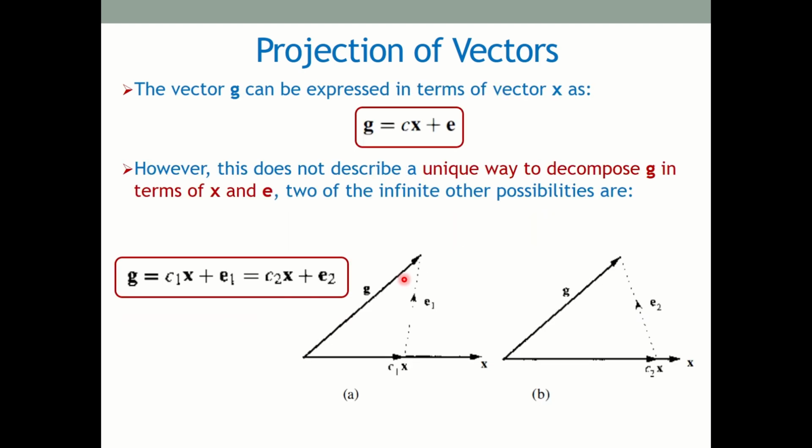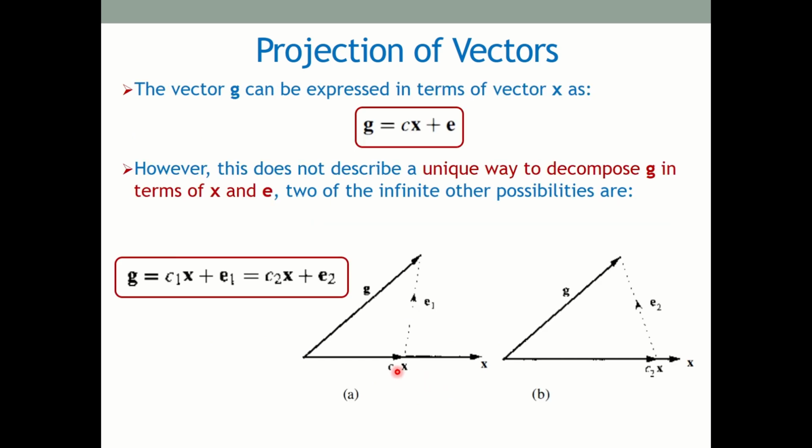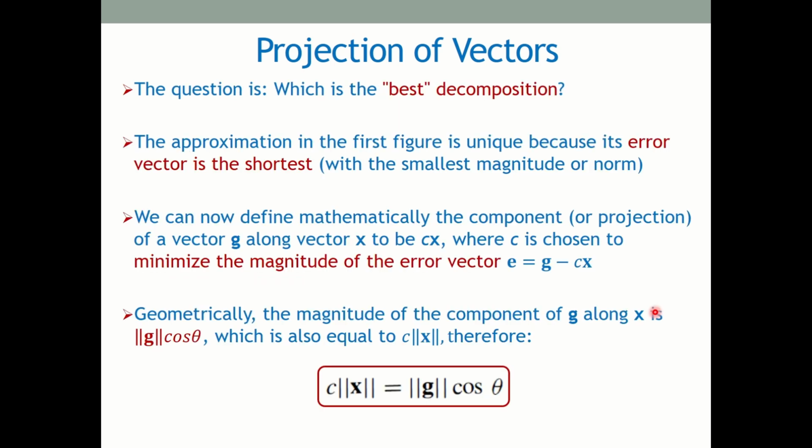So c should be chosen such that the length of this error vector is minimum. You can see, for example, in this case c1 is smaller, so the length of the vector is different. It's not the smallest length. In this case c2 is larger than c, so the length of this vector, again, is not the smallest length.